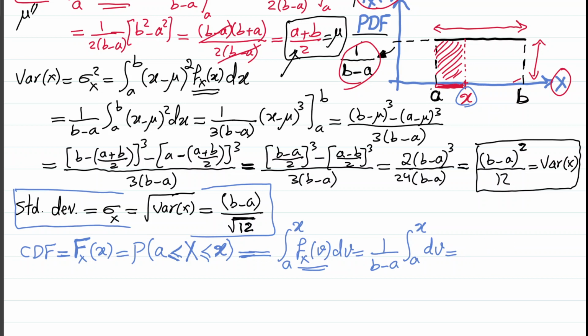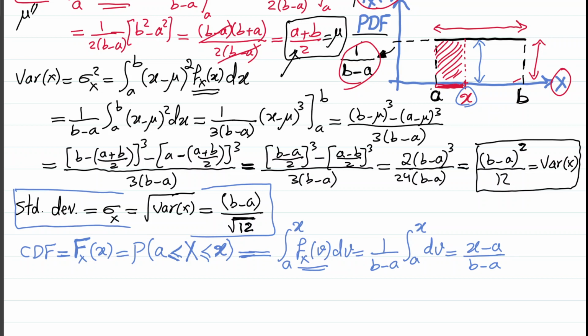This is exactly what we visually expected, because x minus a is the width of that rectangle, and 1 over b minus a is the height, so that's exactly width times height to give the area.